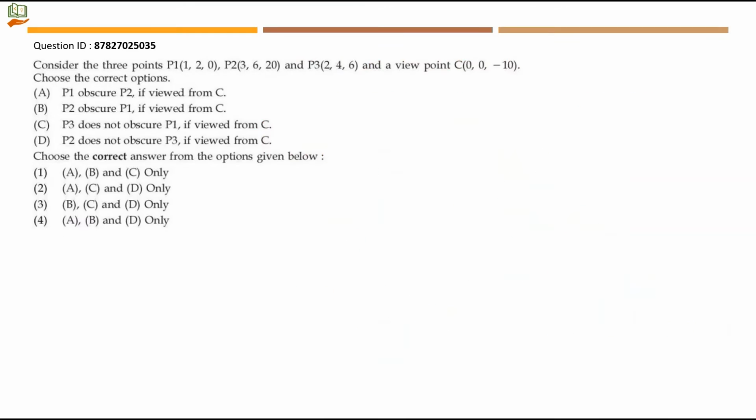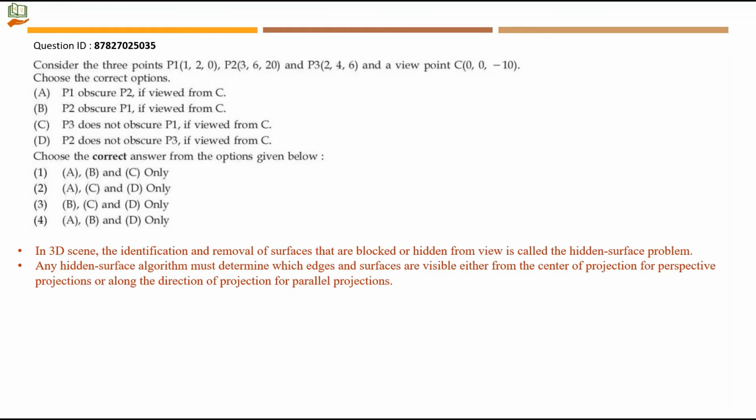Next question. Consider the 3 points P1, P2, P3 and a viewpoint C. Choose the correct options. In a 3D scene, the identification and removal of surfaces that are blocked or hidden from view is called the hidden surface problem. So from this part only they have asked this question.